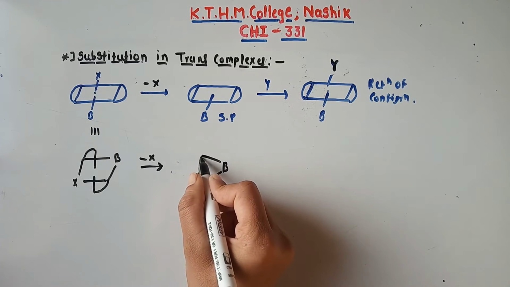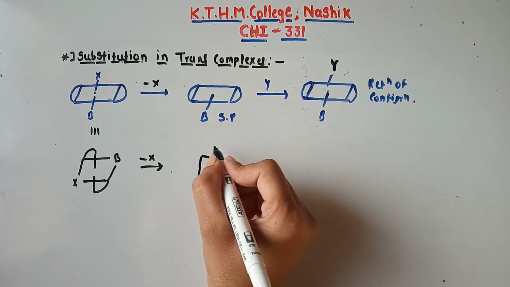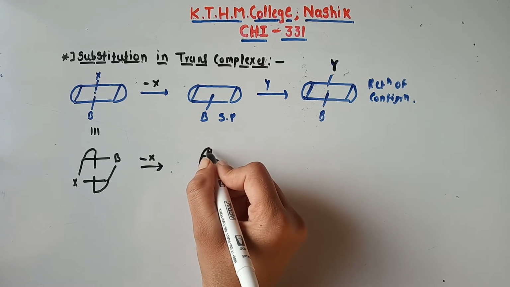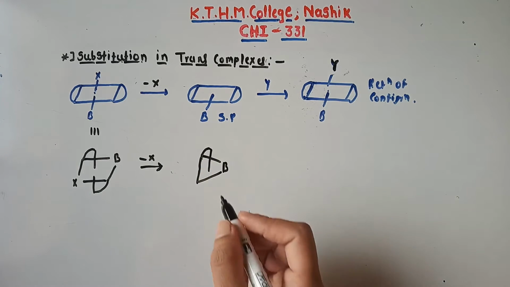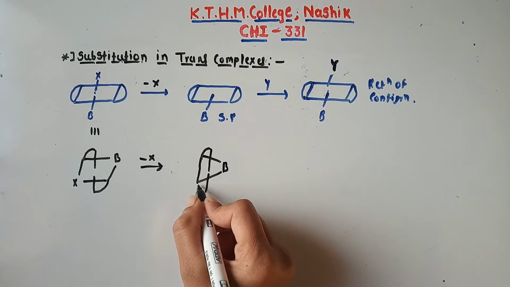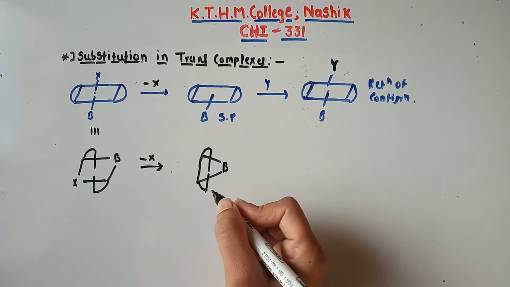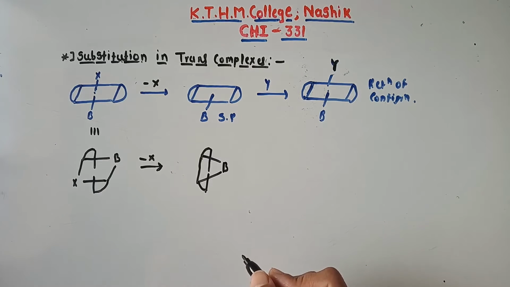What do we get? A trigonal bipyramidal intermediate. This is a very interesting intermediate. We get here a trigonal bipyramidal intermediate.